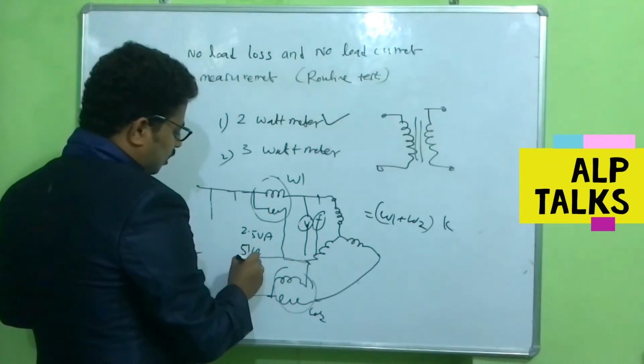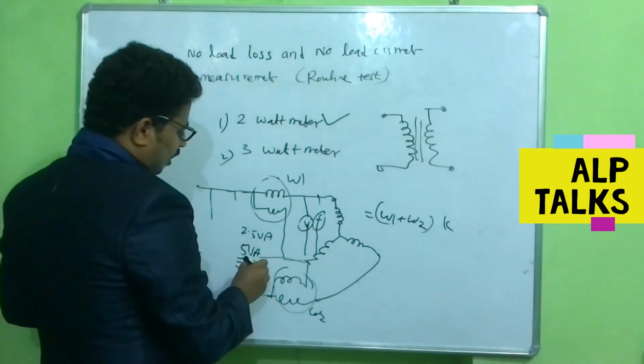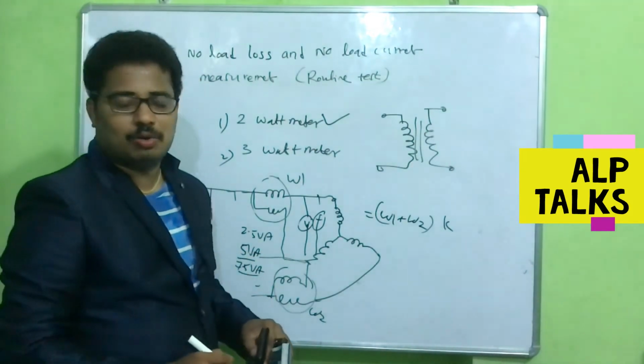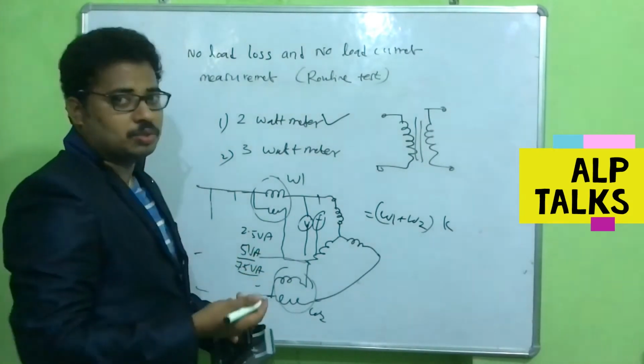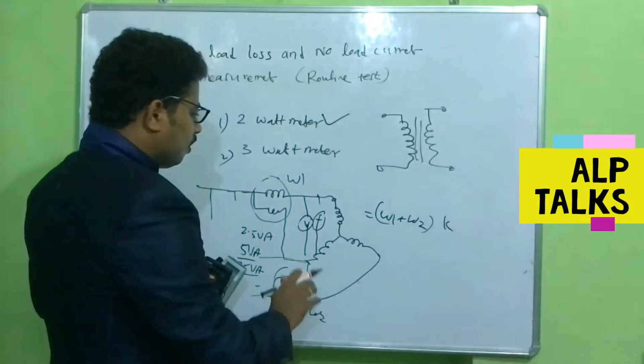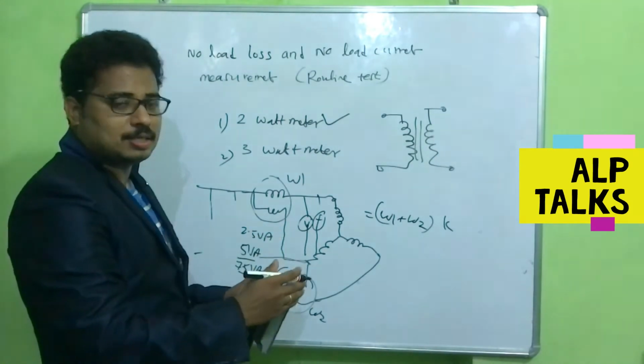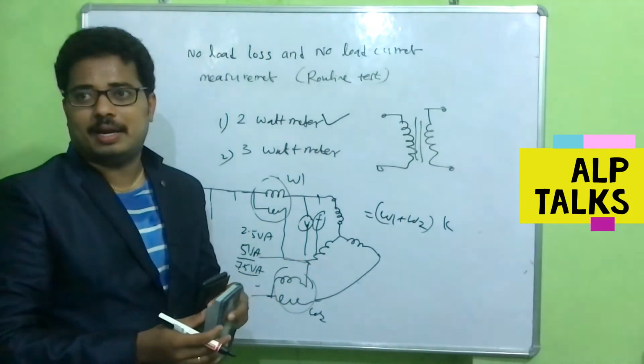So a total of 7.5 VA is added additionally into the no load losses. In small transformers it may be a very huge error. So connecting voltmeters just before the wattmeter is a good idea.